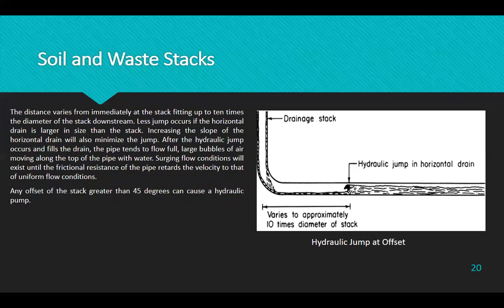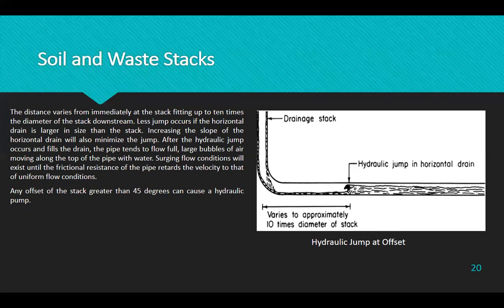The distance varies from immediately at the stack fitting up to 10 times the diameter of the stack downstream. Less jump occurs if the horizontal drain is larger in size than the stack. Increasing the slope of the horizontal drain will also minimize the jump.